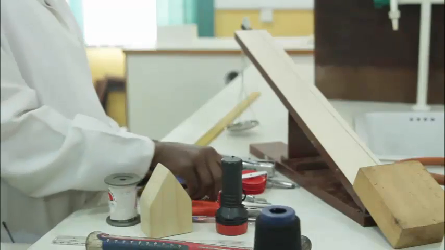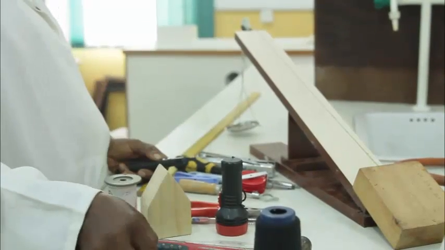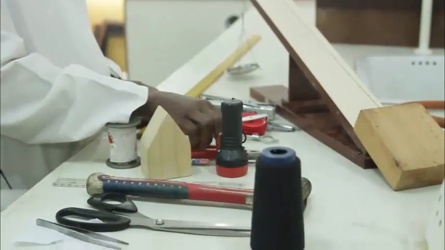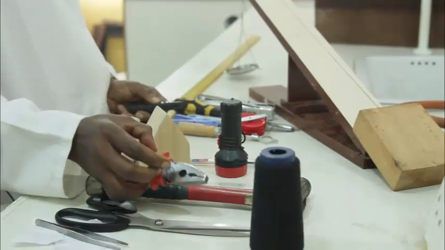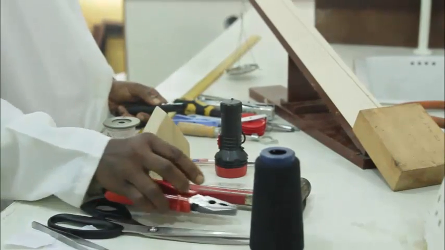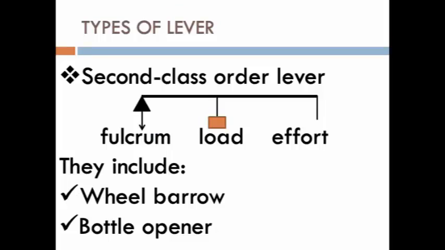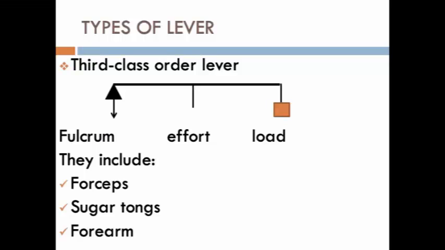Then we have scissors, an example of a lever, and we also have pliers, another example of a lever. Also, for the second class lever, we have the bottle opener and the wheelbarrow, as we have on the screen. Then for the third class lever, we have forceps, sugar tongs, the forearm, and a series of others.